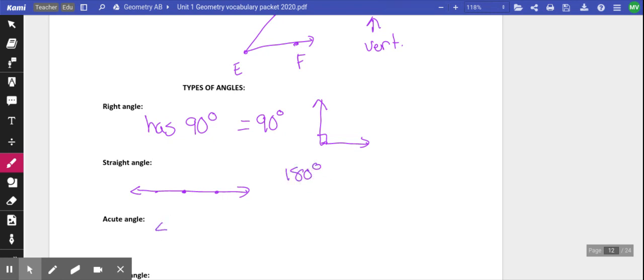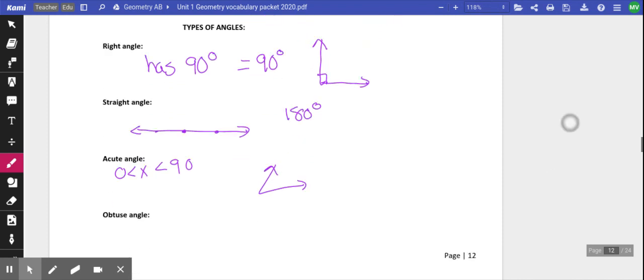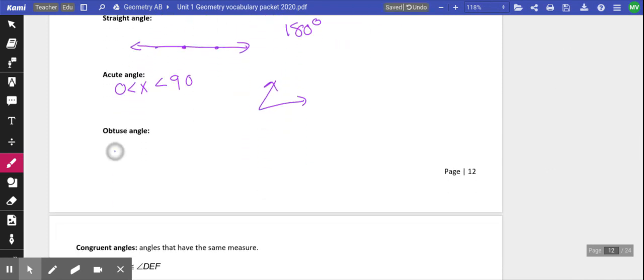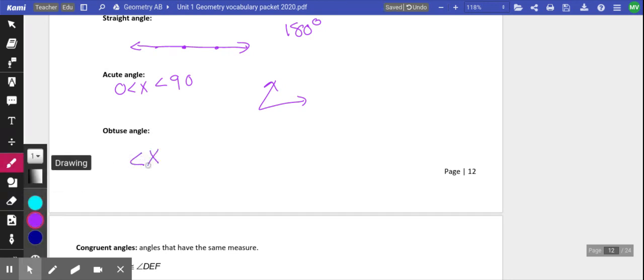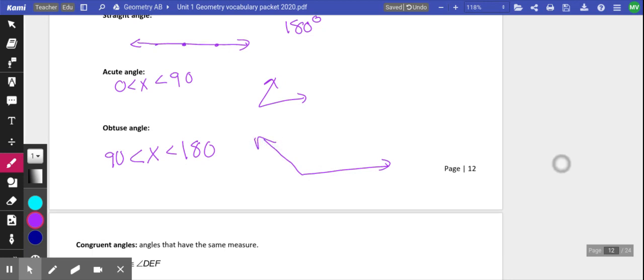An acute angle is more than 0, but less than 90. So there's our acute angle. An obtuse angle is greater than 90, but less than 180. And there's an example of our obtuse angle.